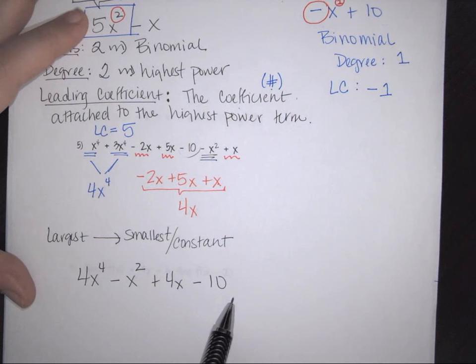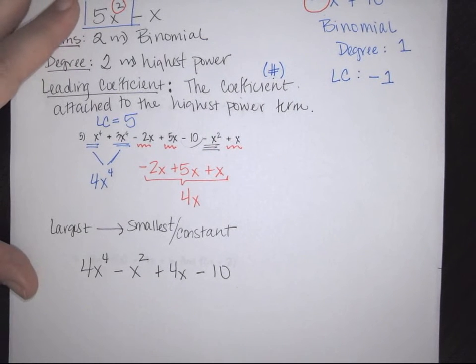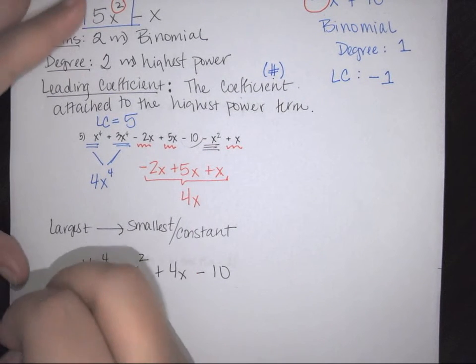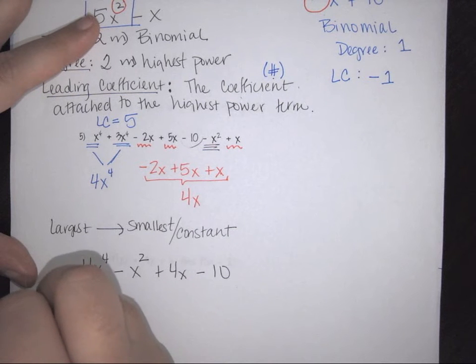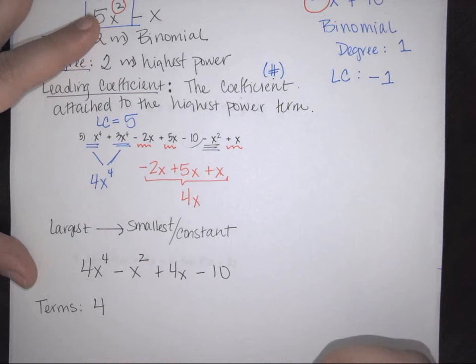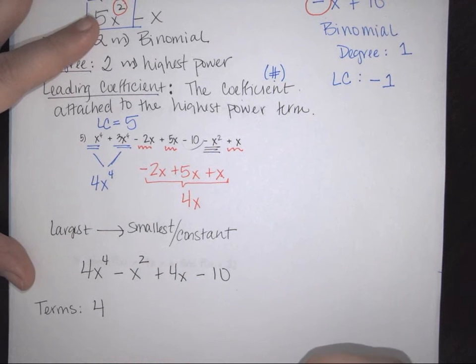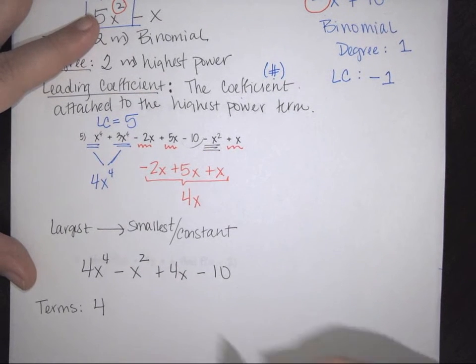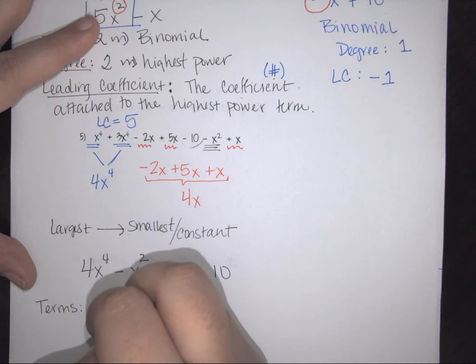So I have stepped my polynomial down, stepping down each power as we go. So now I can start identifying my information. First and foremost, when we're talking about our terms, I have 4 of them. Therefore, we would simply call this a polynomial.